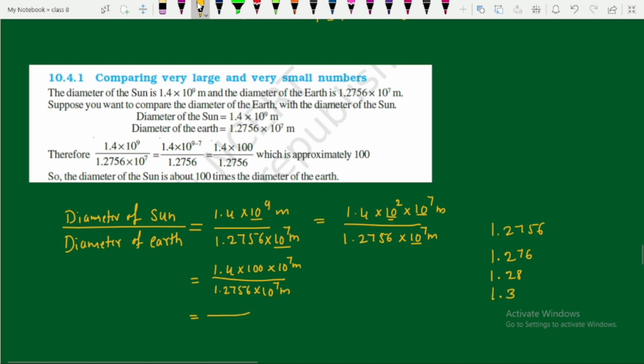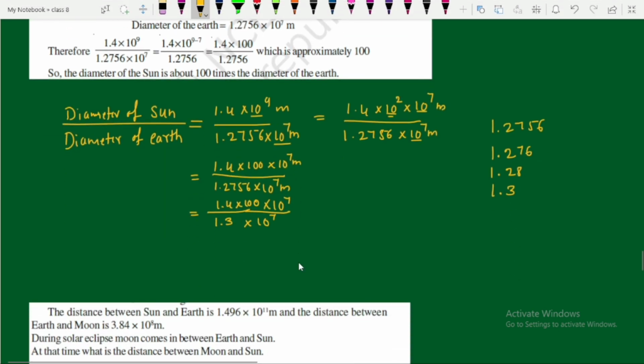If you take this approximately as 1.3, we have 1.4 into 100 into 10 to 7 divided by 1.3 into 10 to 7 meter. Now 1.4 upon 1.3 is almost close to 1, so you can approximate it as 1 into 100 into 10 to 7 meter divided by 10 to 7 meter. The 10 to 7 cancel, and this is equal to 100.